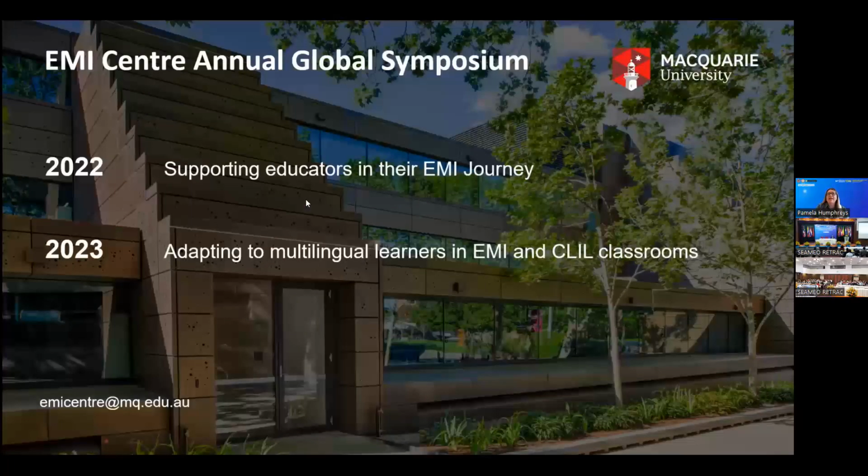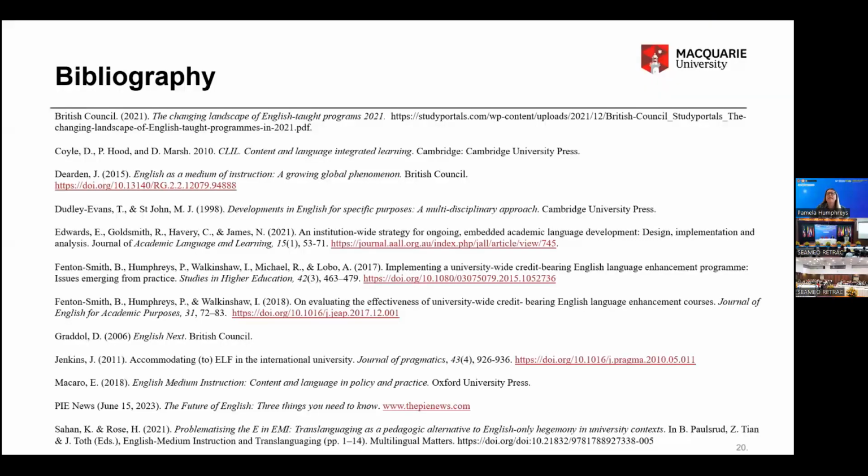So my final slide, as I mentioned to you, I didn't include the references as I went along, but that's my bibliography that talks about some of the things that I've mentioned today, the British Council's research, some of the research around CLIL and EMI, some of the history of EAP. There's a couple of references there around whole of university approaches, the Edwards, Goldsmith, etc., and the Fenton Smith, Humphreys, Walkinshaw references.